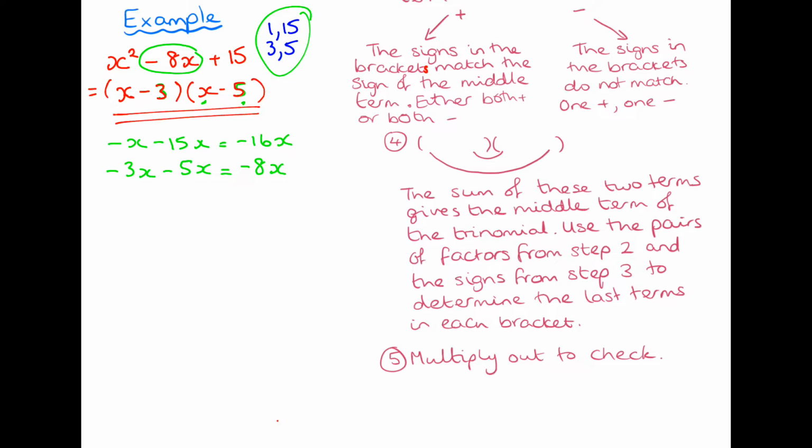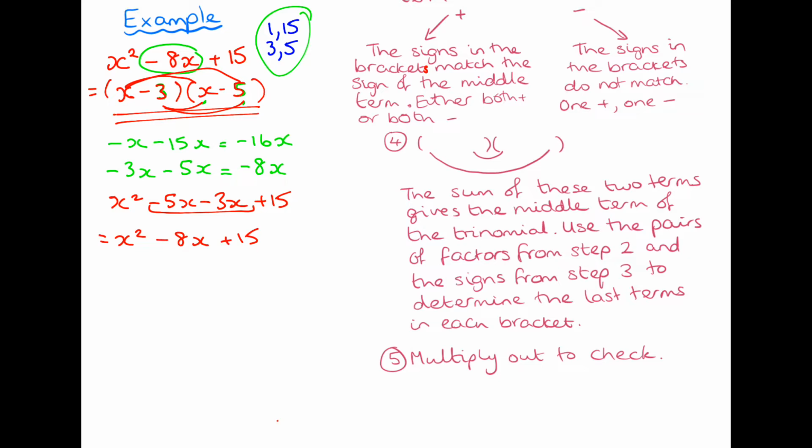We can multiply that out to check. We'd get x squared minus 5x minus 3x plus 15. That gives us x squared minus 8x plus 15, so that all works.